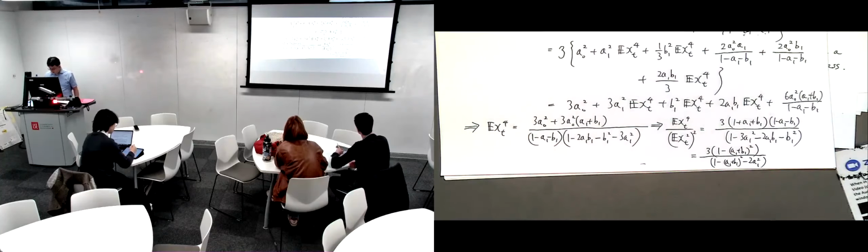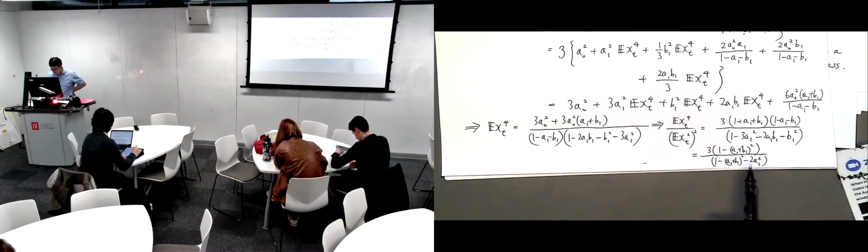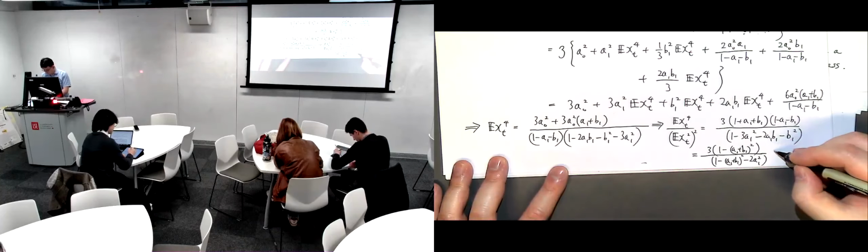Yeah? So 1 plus a1 plus b1 times 1 minus a1 minus b1 is 1 minus a1 plus b1 squared, and then the denominator can be simplified like this. Why do I want to simplify this? Because this way now I can see definitely it's larger than 3.